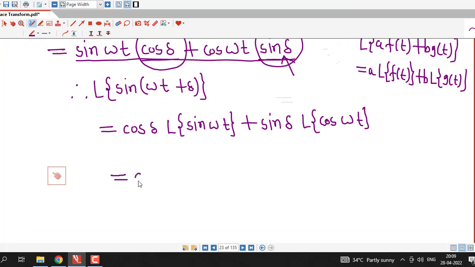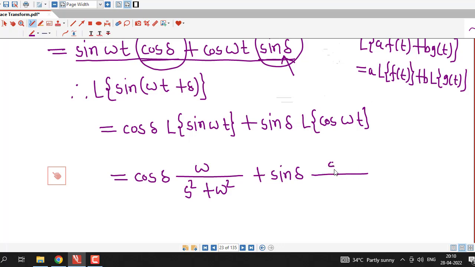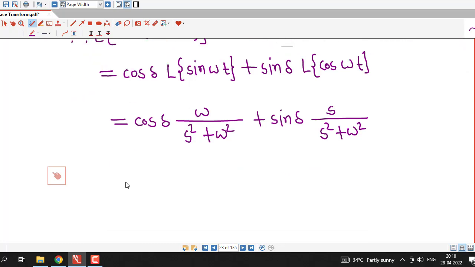And then we write down the formulas for Laplace transform of sine and cosine. Laplace transform of sin omega t is omega divided by s square plus omega square, and Laplace transform of cos omega t is s divided by s square plus omega square.